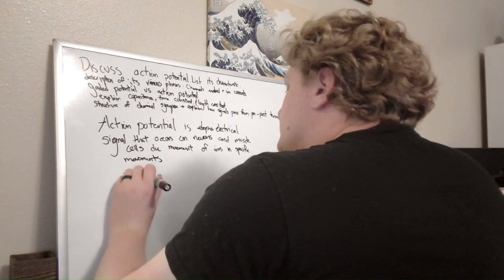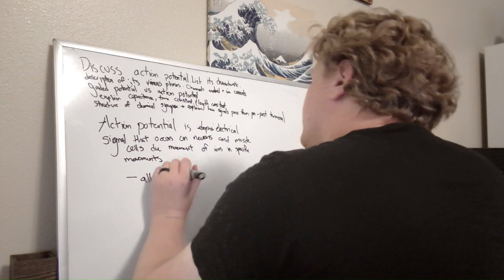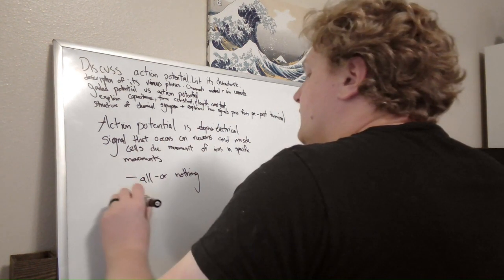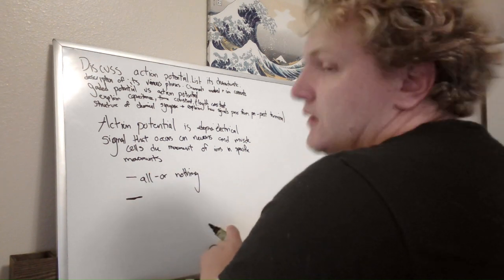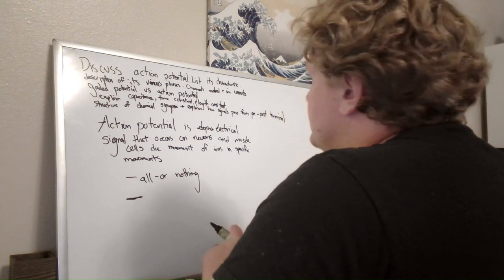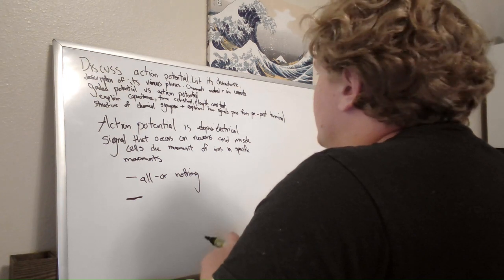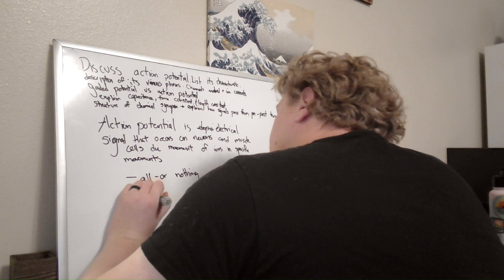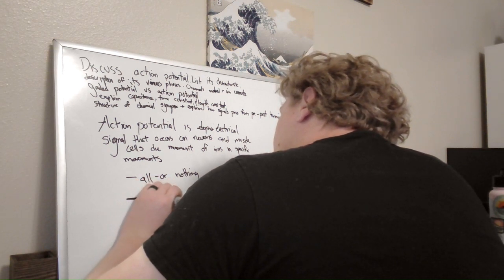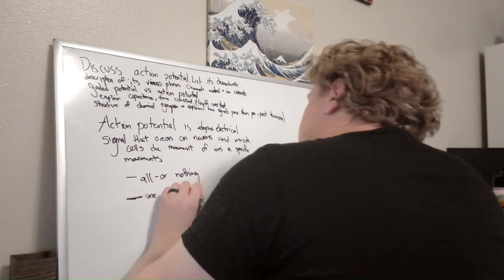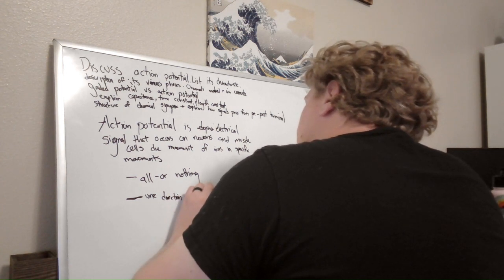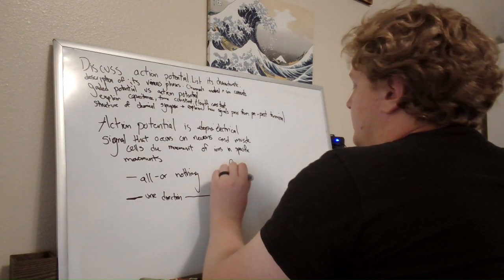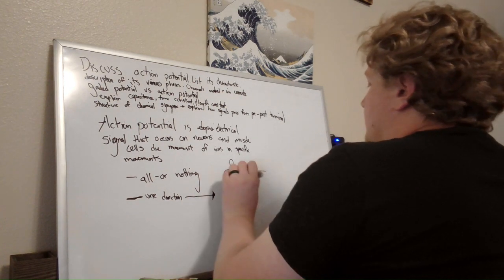A characteristic of an action potential is that it is an all or nothing phenomenon. Either everything goes according as it should, or if it doesn't, then we don't see an action potential occur. It is also one directional. The signal is only transmitted down an axon, if we're looking at a really rough drawing of a neuron.